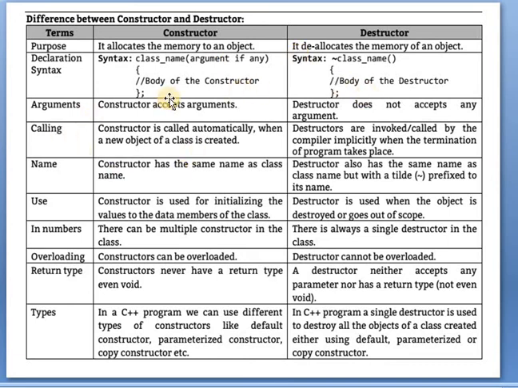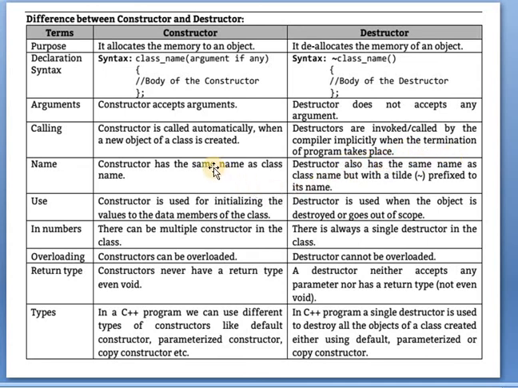This is the syntax of constructor and destructor. Now arguments: constructors accept arguments. Using a parameterized constructor we can pass arguments to the constructor, but the destructor does not accept any argument. This is also a main difference. Now calling: a constructor is called automatically when a new object of a class is created, and destructors are invoked by the compiler implicitly when the termination of the program takes place.